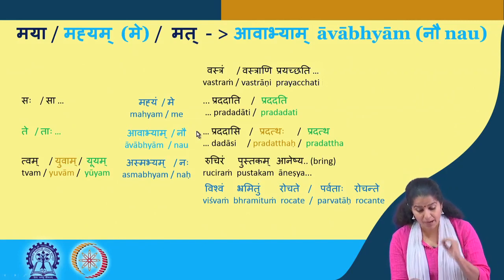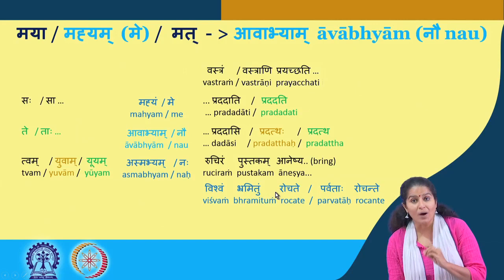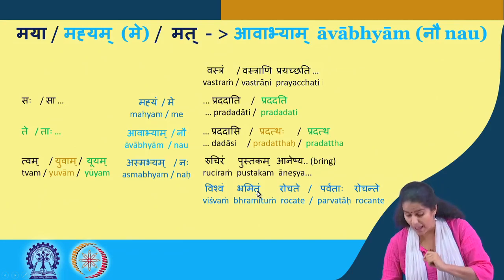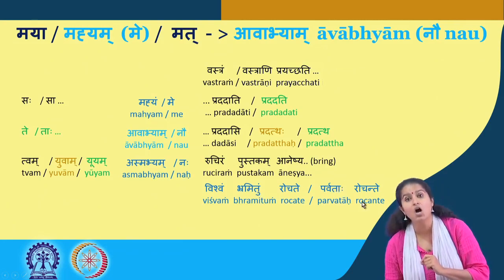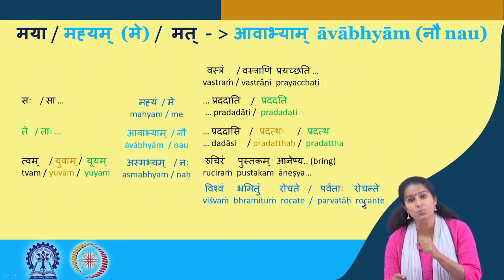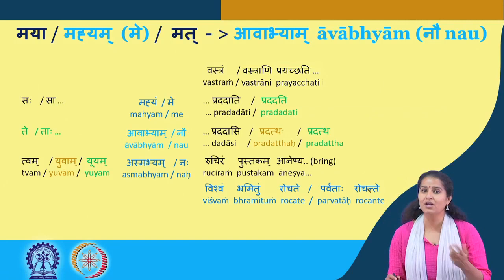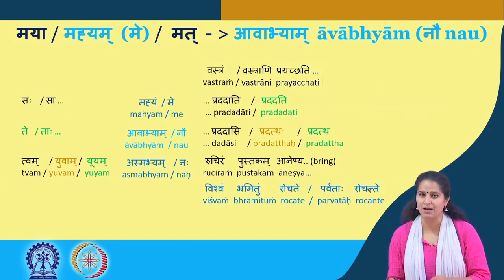Next, avabhyam, or now, vishwam brahmitum rochate. Why is the rochate in the singular? Because what do you like? Vishwam brahmitum, that's in the singular. And why does it become parvataha rochante? Because what you like is in the plural. So parvataha rochante. Astu. So this is a very oft used expression.